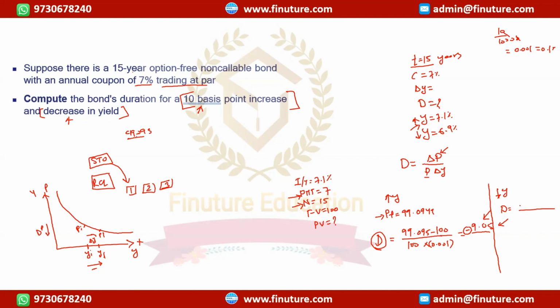In the same way, for duration, you got 100.916. 100.916 minus 100, over 100, into 0.001. Can you help me with the duration? Divided by 0.01. Let me do this.